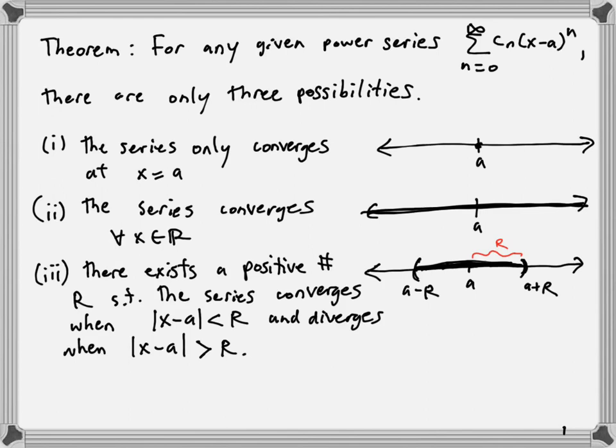So I'm hoping that we see from this illustration why we call A the center of the power series. Notice for all 3 of the above pictures that A always sits at the center of our picture, of our convergence interval.